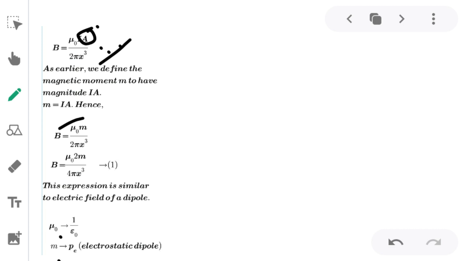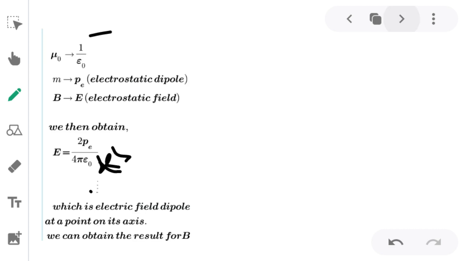From the electric dipole, the similarities we take are: for mu naught we take 1 upon epsilon naught, and for m we take Pe, the electrostatic dipole moment. In the electrostatic dipole, E equals 2 Pe by 4 pi epsilon naught x cube.